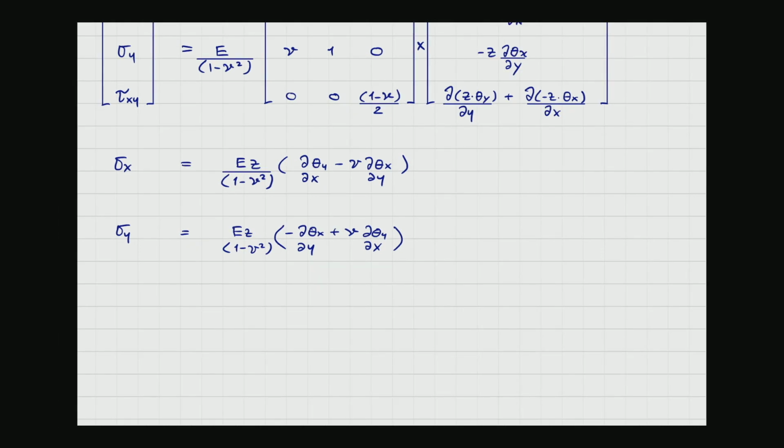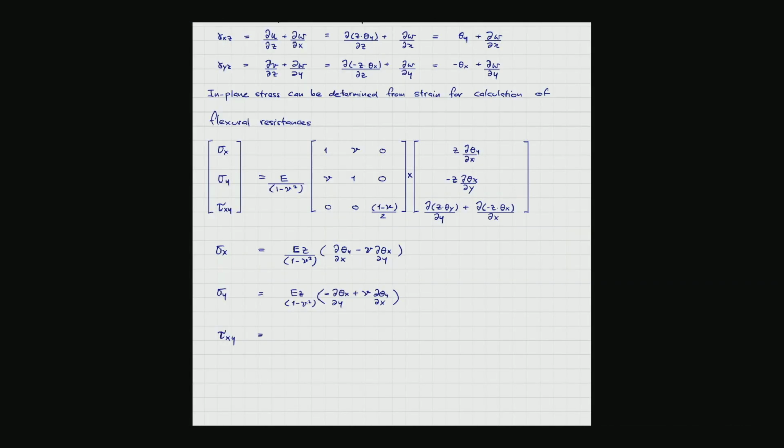The next part here is the torque, tau XY. It has to be from this part to this part. You end up with G, the shear modulus. The 1 minus nu is going to cross out with 1 minus nu times 1 plus nu. Then you're going to get 1 plus nu multiplied by 2 as a denominator.